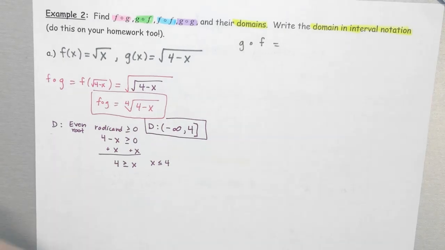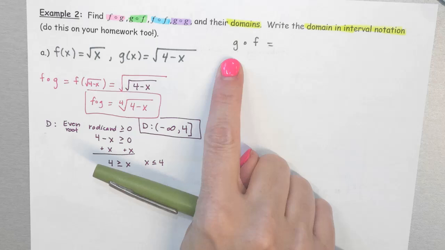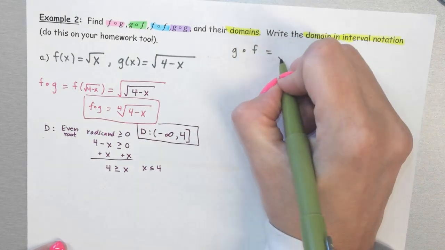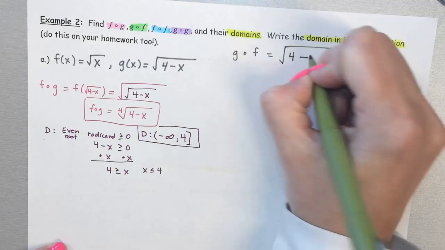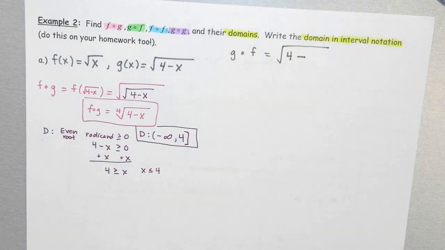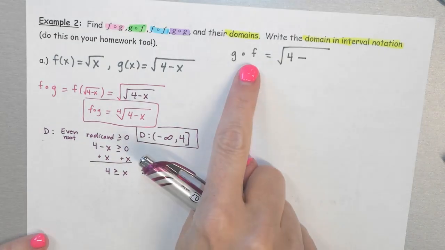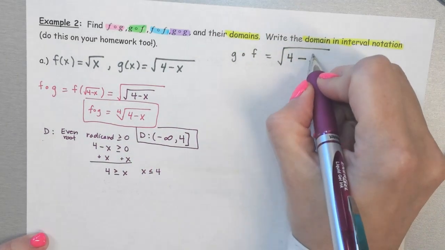Okay, so for g of f, whatever's on the outside is going to be my structure. So this is going to be 4 minus, and then instead of the x, I'm going to do my substitution. So my f of x is root x.